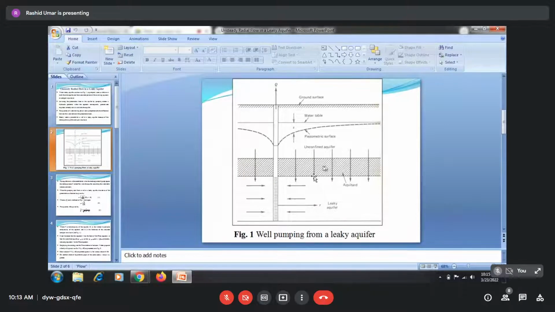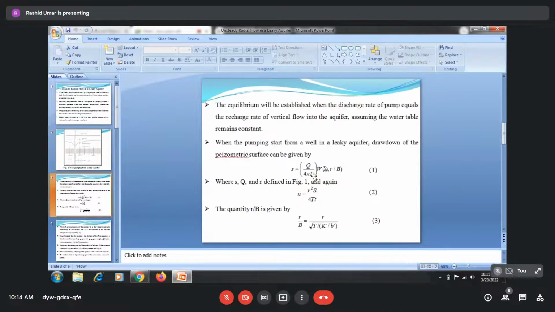transient state. So Walton has developed an equation for non-equilibrium conditions in a semi-confined aquifer. The equation which he has given is S equals Q upon 4 pi T times W(u, r/B).